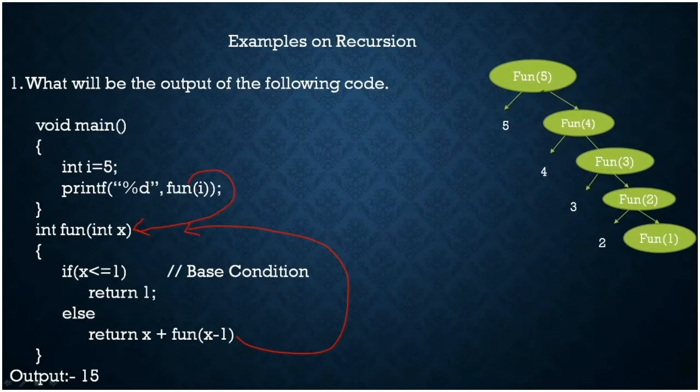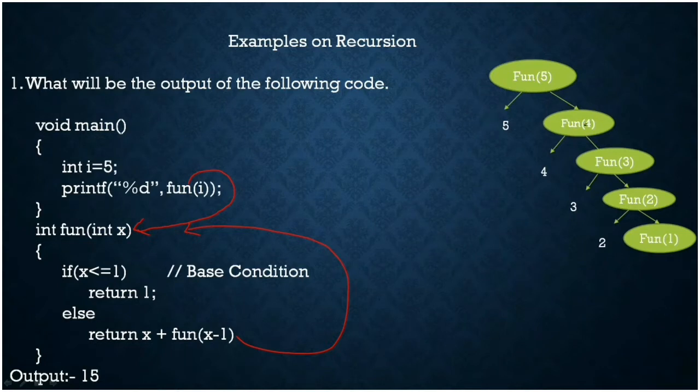After that, in fun of 5, we come here and check: is 5 less than or equal to 1? No. If this condition is not true, we come to the else part: return x plus fun of x minus 1. So here 5 plus fun of 5 minus 1, that is fun of 4.